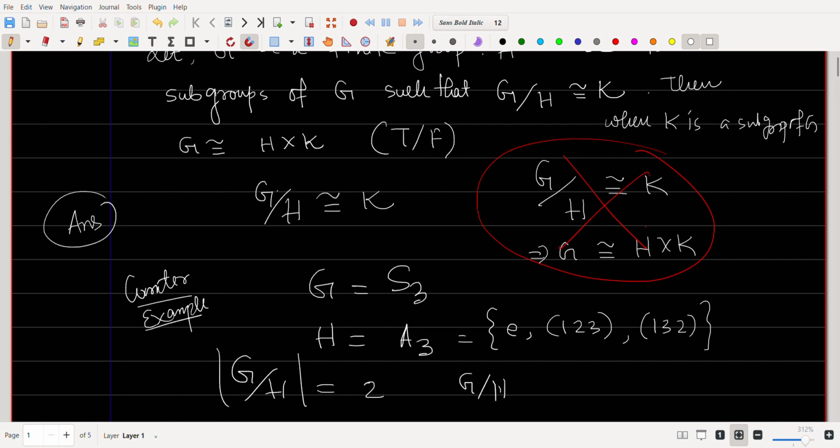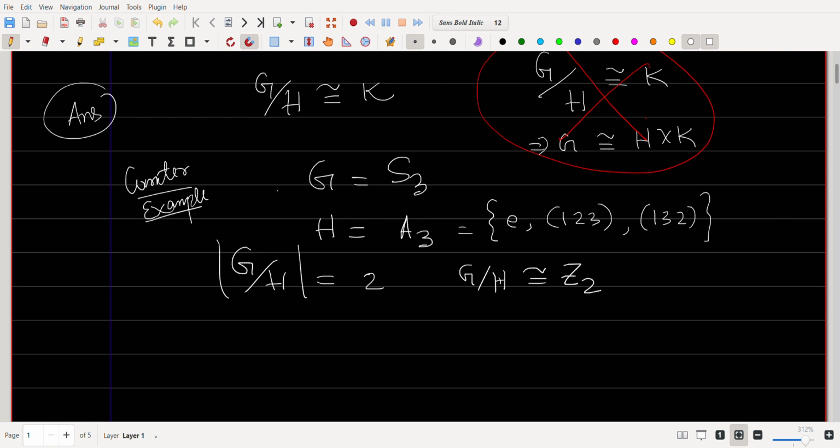So G mod H is isomorphic to Z2, and you can take a subgroup of S3 which is isomorphic to Z2, like say the identity and this 2-cycle. You can take the identity and this other 2-cycle also.